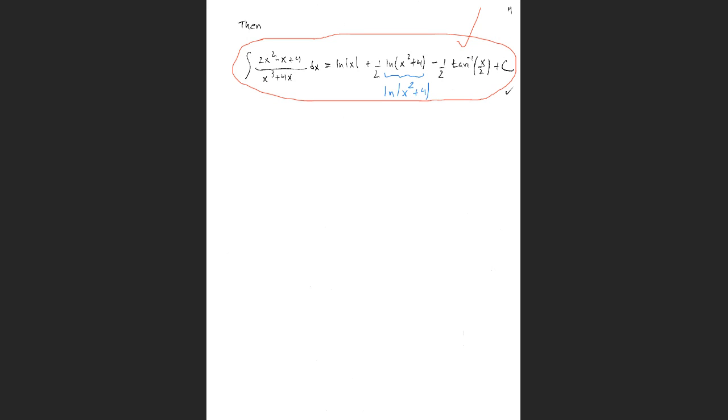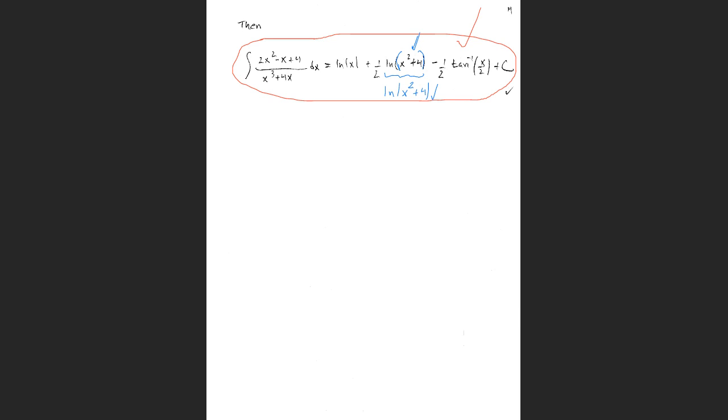Why can I drop the absolute values and have these parentheses for the x squared plus 4? That's right, Jing-sun. It's always going to be positive. Always going to be positive.